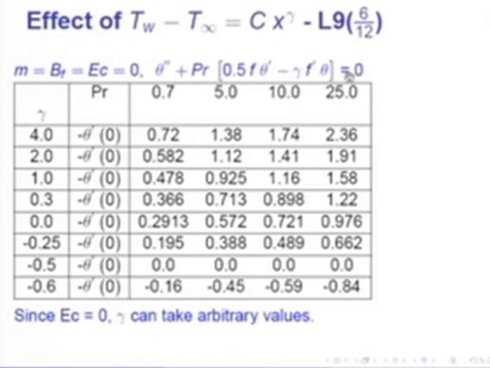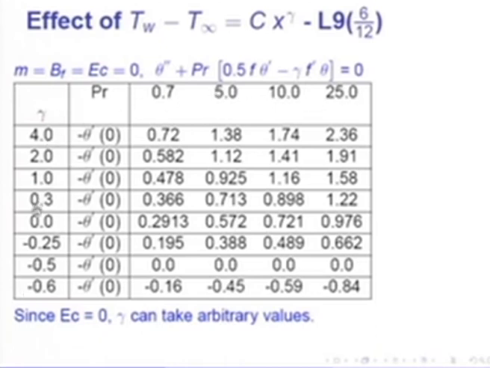Again, I am going to consider the flat plate boundary layer, no suction or blowing, and viscous dissipation is neglected. Then the governing equation reads something like this. Now, there is no closed form solution possible for this because of this additional extra term, and I need to now look at the numerical solution, which I have presented here for very moderate Prandtl numbers.